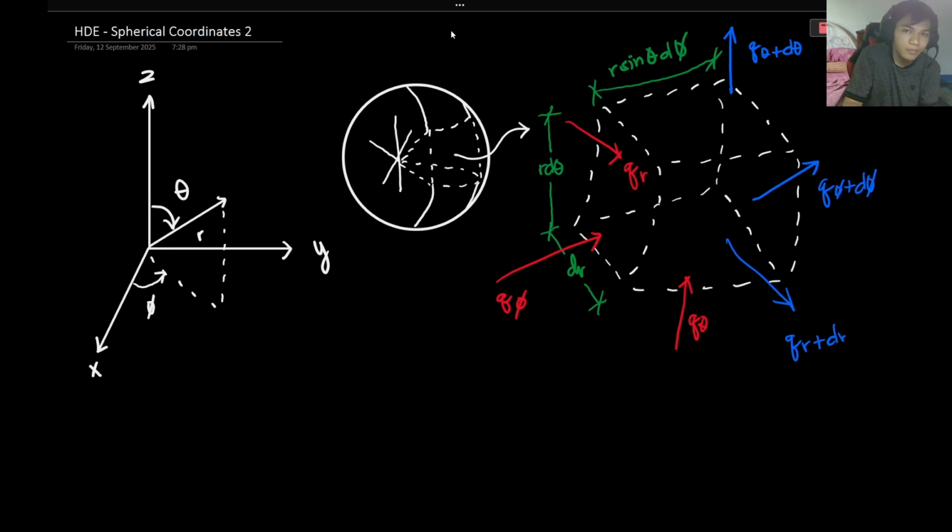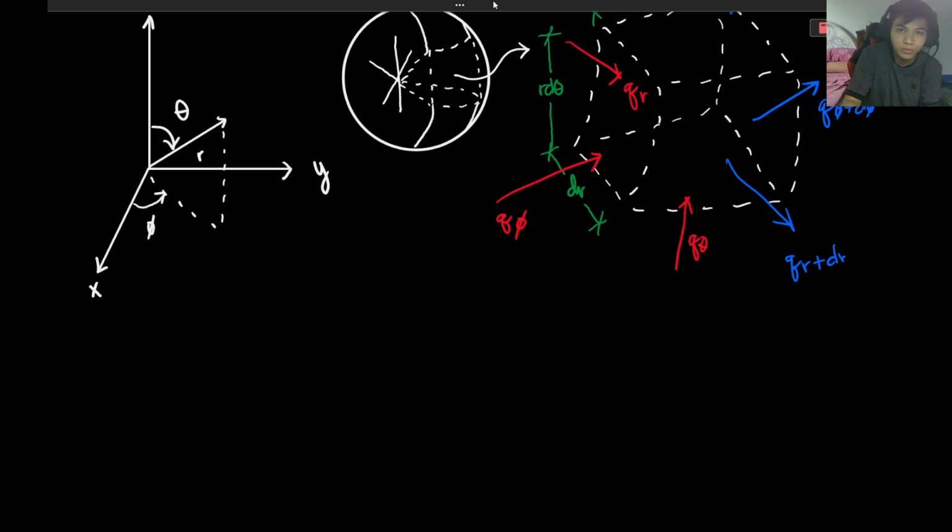Now we have to apply our steps. First, we define our differential control volume, that would be dV. That is equal to the various coordinates of our spherical coordinates: dr times r d theta times r sine theta d phi.